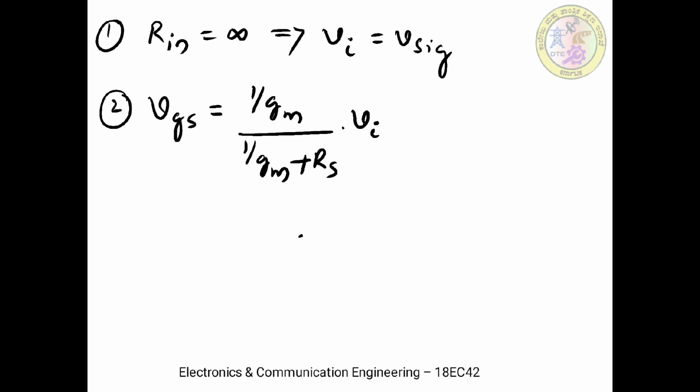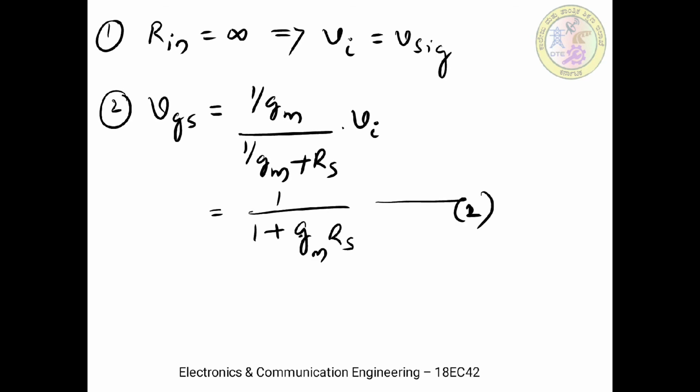So VGS will be equal to Vi by (1 plus Gm into RS). We will take this as equation 1. So what it gives is our VGS value that appears across gate and source terminal.